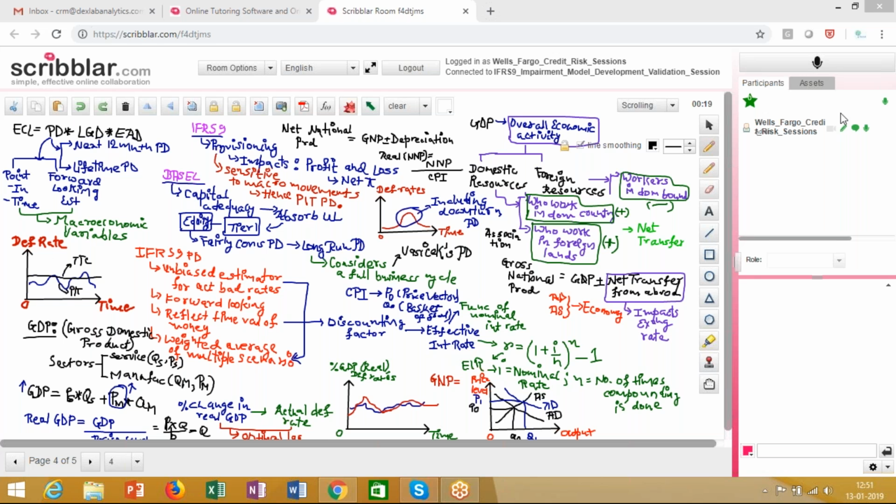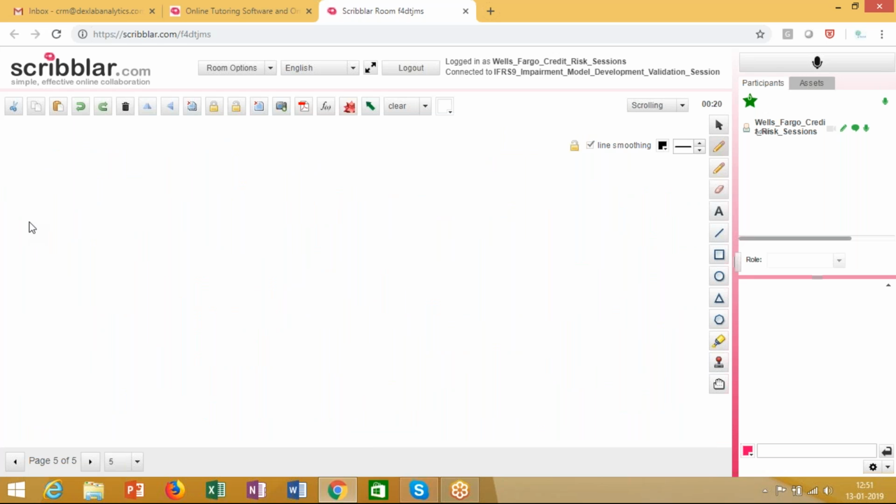So let's start off by talking about the macro framework first. Now, if I think about something very theoretical, if you think about the economy, the economy broadly has two types of markets.